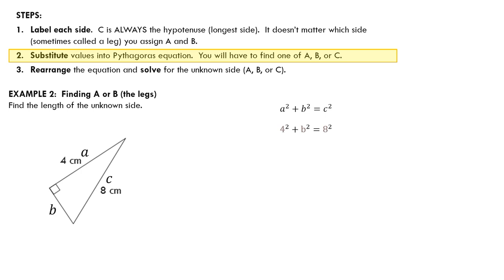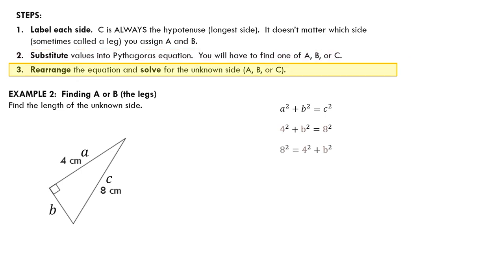The unknown is b, so we're going to isolate b. We'll take that b squared and leave it on the left side of the equation. B squared equals 48. Therefore, b equals the square root of 48, giving us a final value of 6.9. Side b has a length of 6.9 centimeters.